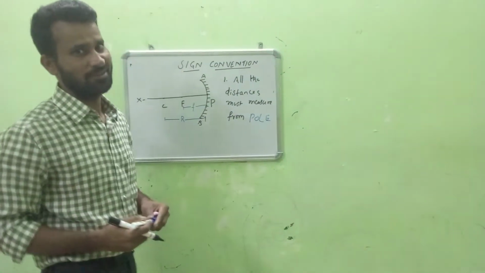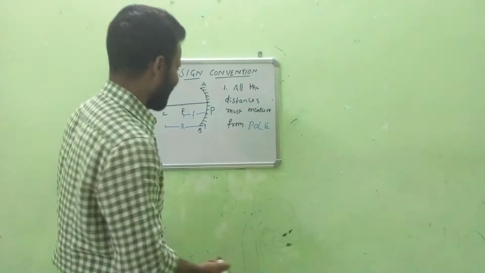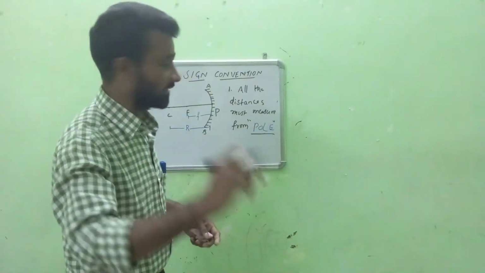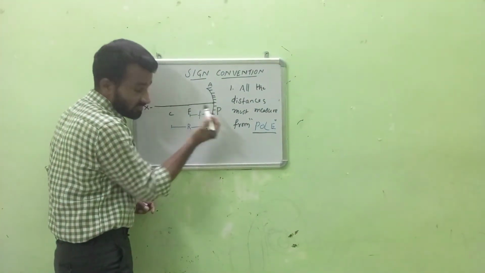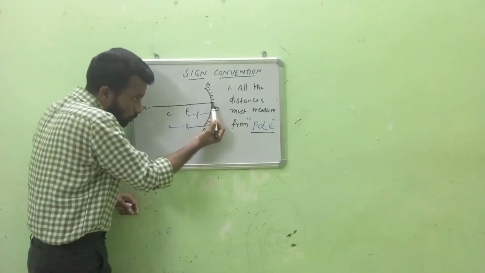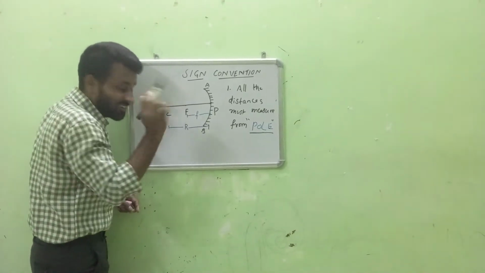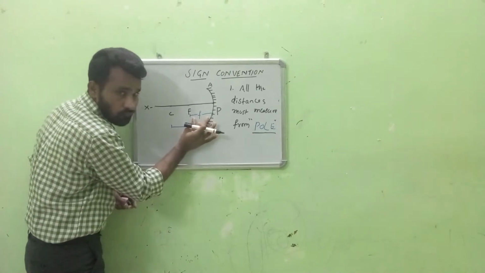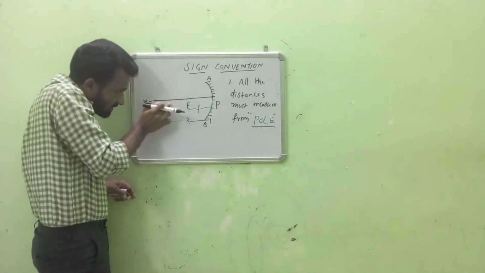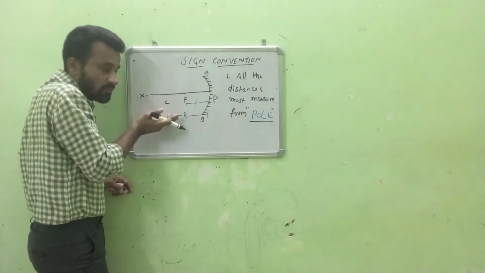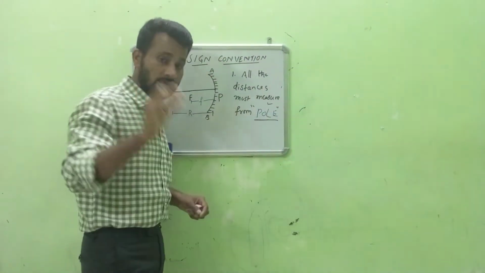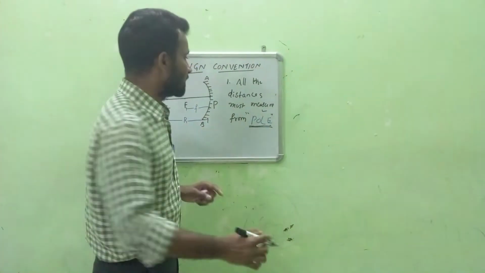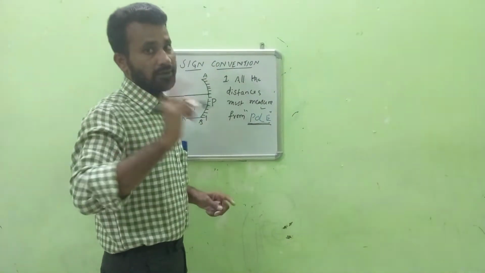This is mandatory. You have to measure from the pole. Where is the pole? This is the pole. Look: pole to focus, not from focus to pole. You have to go from pole to focus, which is the focal length, and pole to center of curvature, which is the radius of curvature. You have to measure all the distances from the pole. That is the first important point.